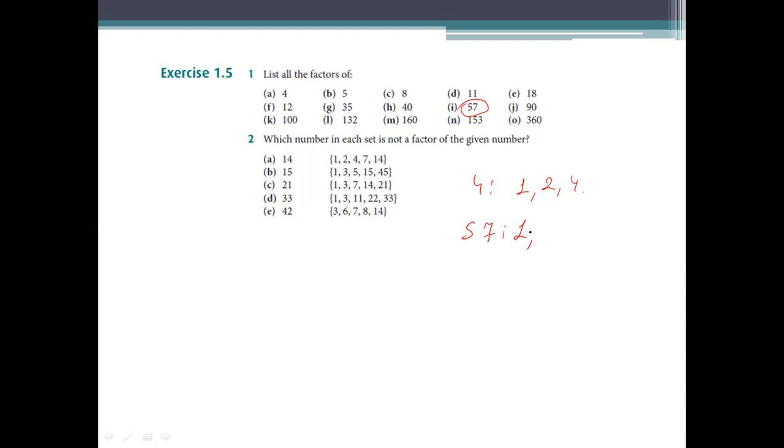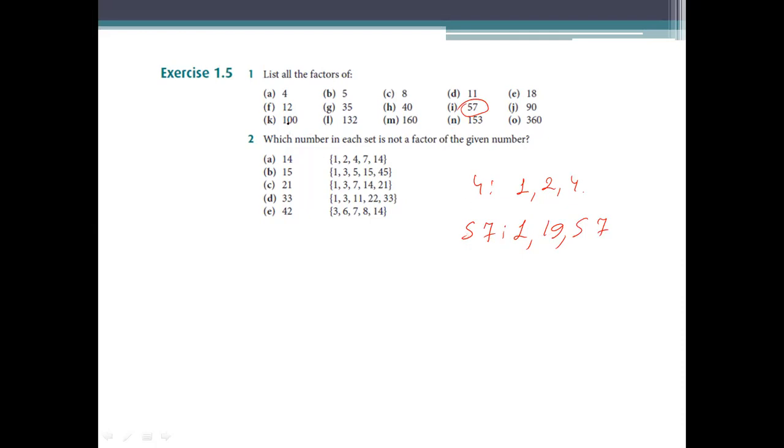Okay, 2, no. 3, yes. 57 divided by 3 is 19, so 3 times 19. And the last one is itself. So the largest factor of 57 is 57.